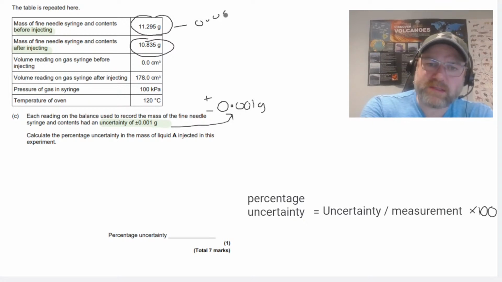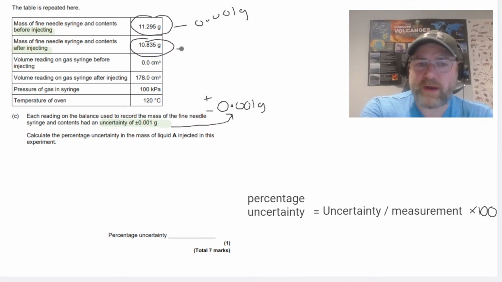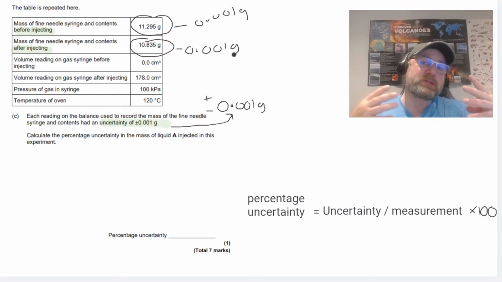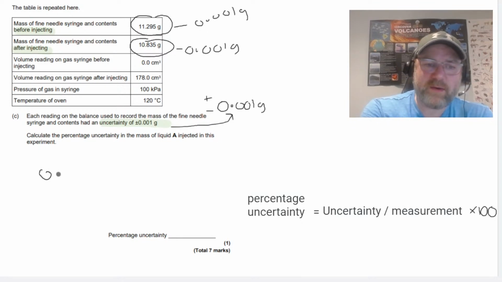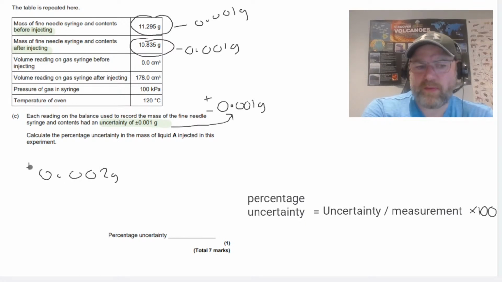That could be out by 0.001 gram. And guess what? This reading could be up or down, plus or minus 0.001 gram as well. So our total uncertainty is 0.002 grams. You can put the little plus or minus if you really want. You don't need to do that.